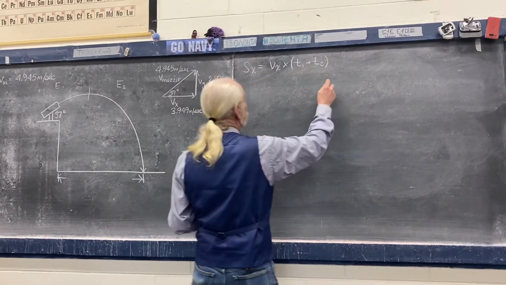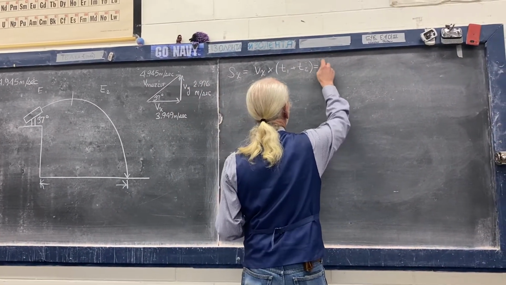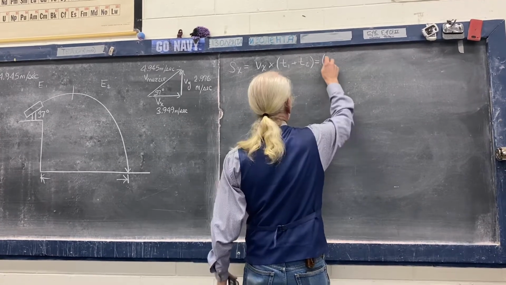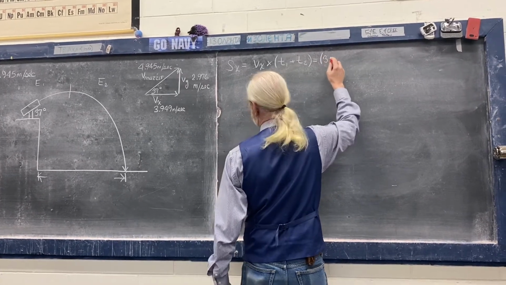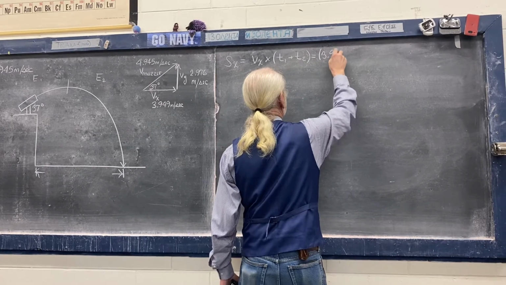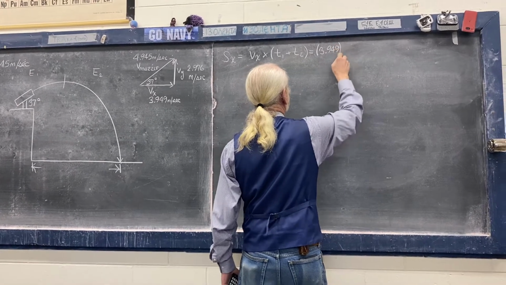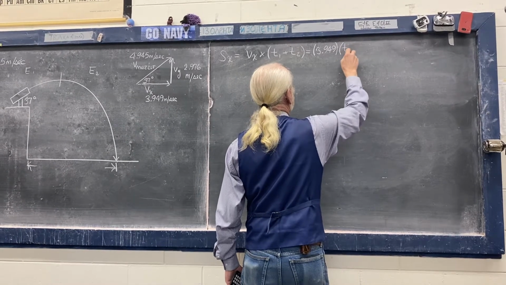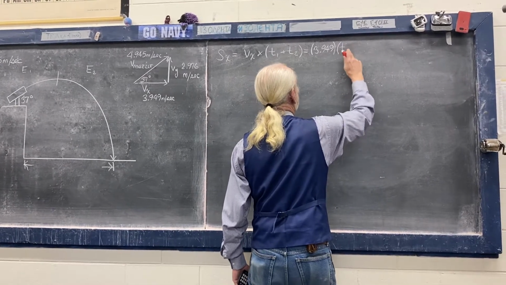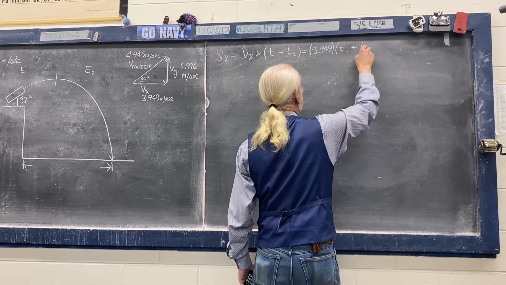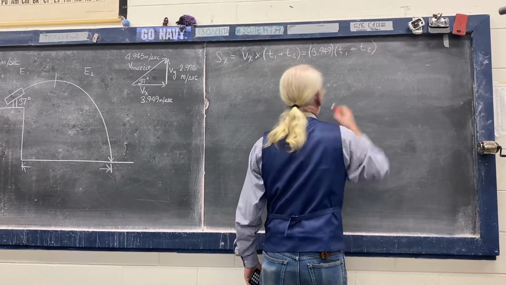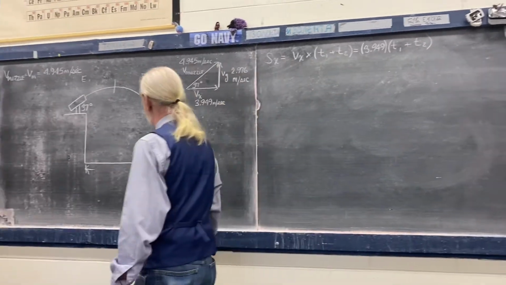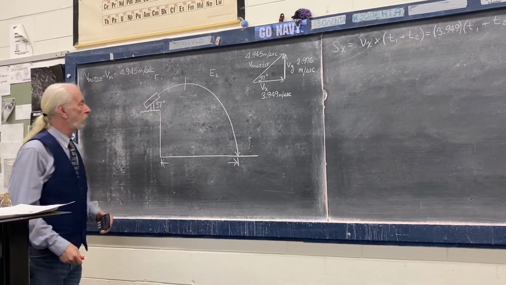So I got Vx 3.949. And now I need T1 plus T2. So how do I figure out T1?